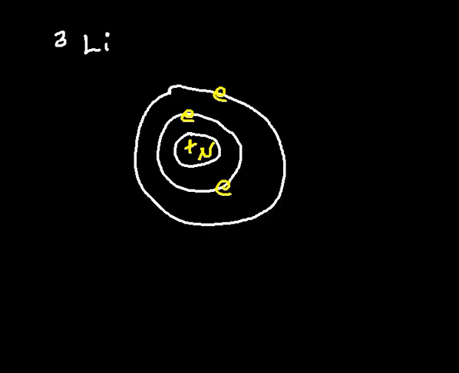Now, if we say nuclear charge, it means the proton charge inside the nucleus. That is what we call the nuclear charge. If we are saying effective nuclear charge, it means this is the net positive charge available in order to attract electrons in a given energy level.